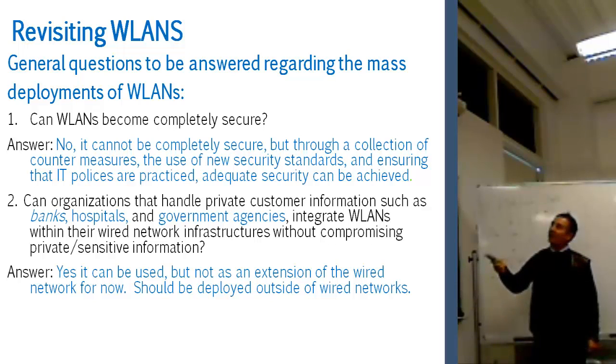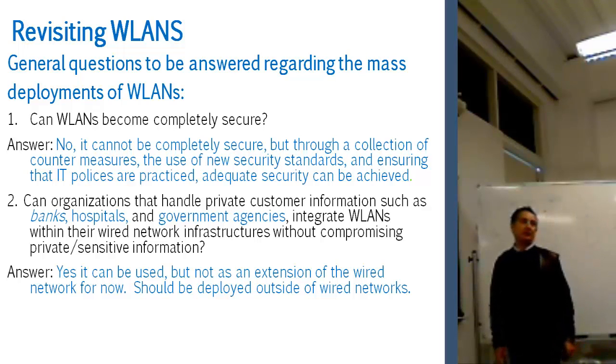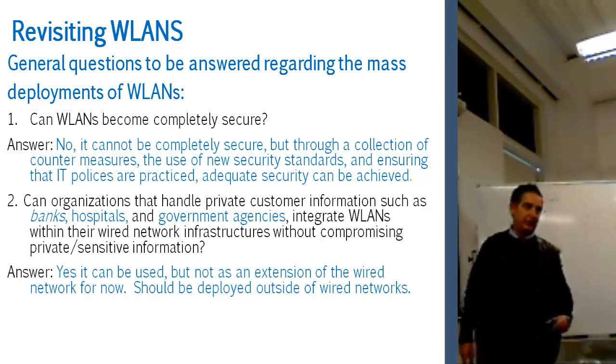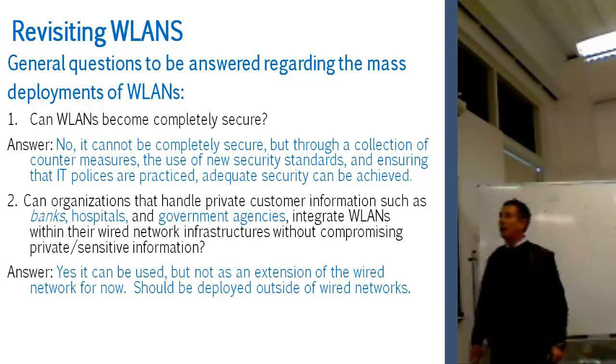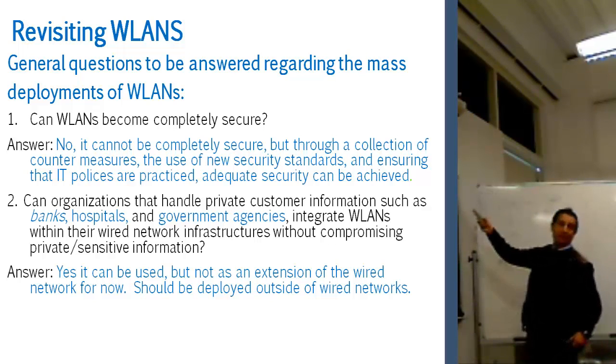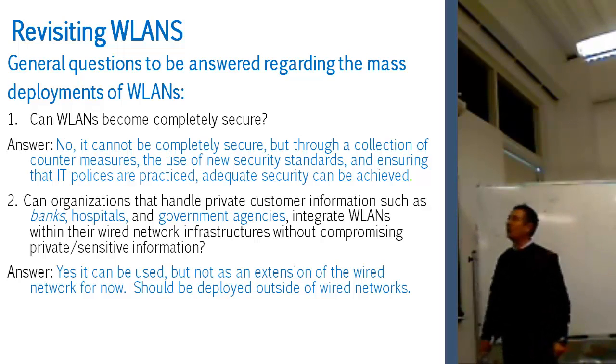No, it cannot be completely secure, but through a collection of countermeasures, like these MAC calculations, IVs, and packet sequences, adequate security can be achieved anyway. And I believe that with TKIP and CCMP, we have adequate security right now. It's not perfect. Nobody is saying perfect, but it is adequate. So in other words, it's okay for us.